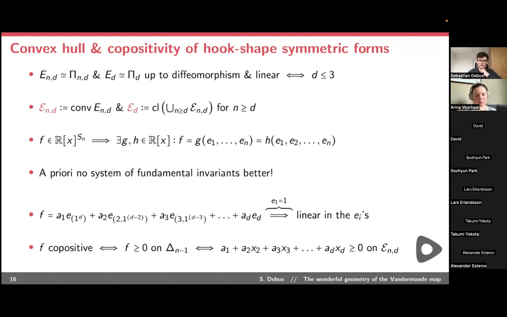And this linear polynomial is copositive, meaning it's non-negative on the non-negative orthant, if and only if it's non-negative on the probability simplex. This is because we have a homogeneous polynomial, and by homogeneity we only have to check non-negativity on the probability simplex. And then this is non-negative if and only if it's non-negative on the convex hull of the image in the elementary symmetrics, because it's a linear polynomial expression here.